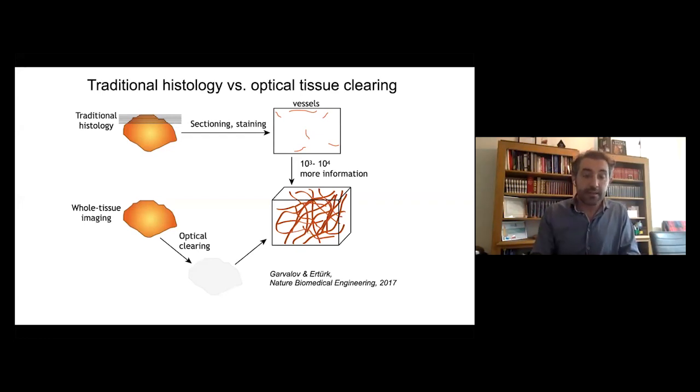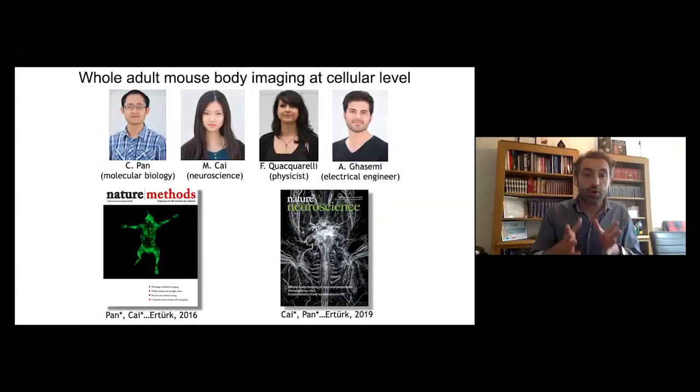So when I started my lab, we started focusing on whole mouse bodies, the most commonly used animal model. In 2016, we developed uDISCO technology, where we could make whole mouse bodies transparent, and we could image the mouse bodies, at that time for the first time, with a laser scanning microscope.